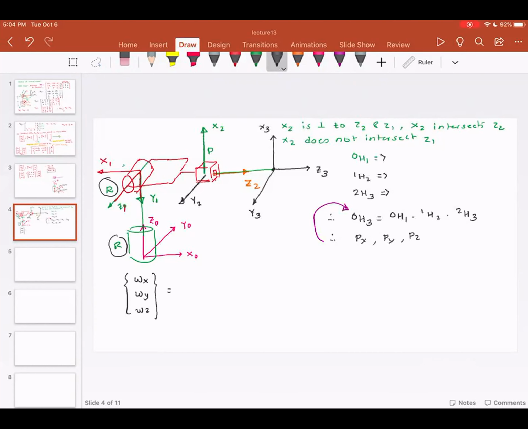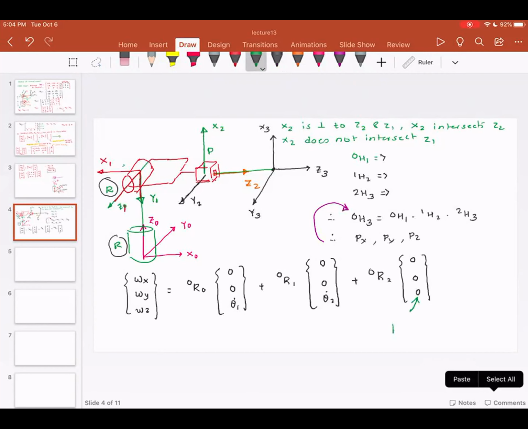So I need 0R0 times [0, 0, theta 1 dot], plus I need 0R1 times [0, 0, theta 2 dot]. And please note the next joint is actually a prismatic joint. So let me still write this down. 0R2 is [0, 0, 0] because it's a prismatic joint.